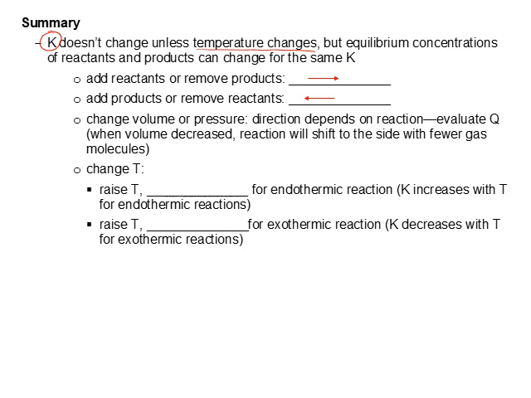Changing the volume or pressure of a reaction, the shift will depend on the reaction. You have to evaluate the value of Q. When you decrease the volume of a reaction, the reaction will shift to the side with fewer gas molecules. On the other hand, if you increase the volume of a reaction, the reaction will shift to the side with more gas molecules. What about changing the temperature?